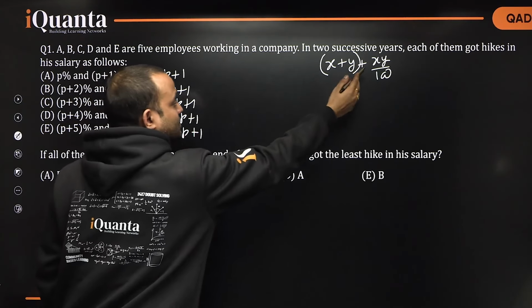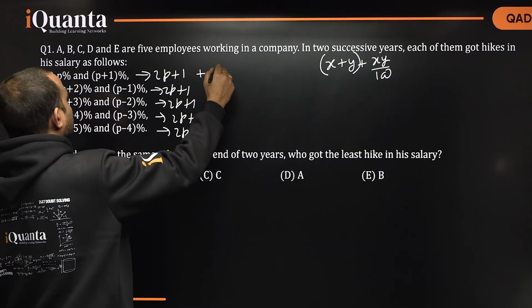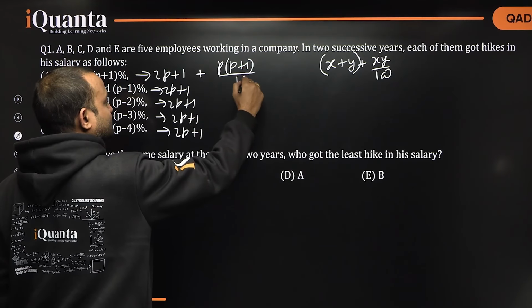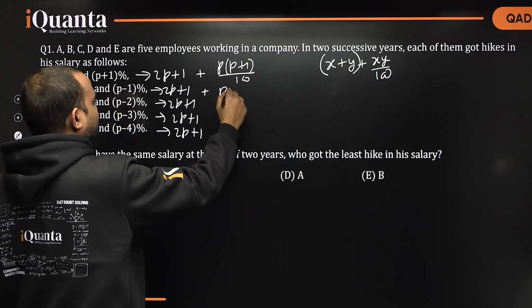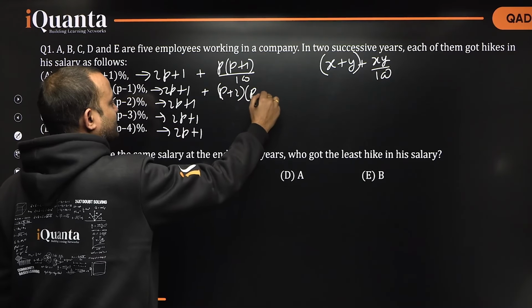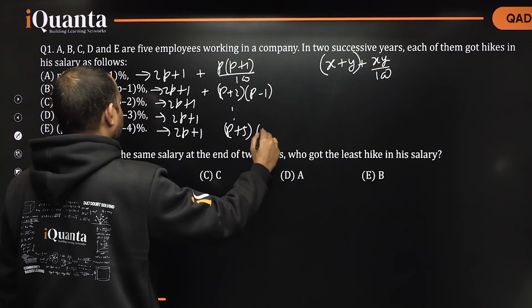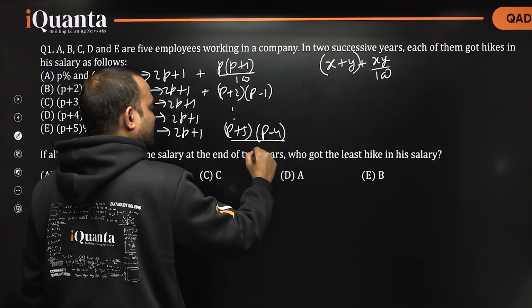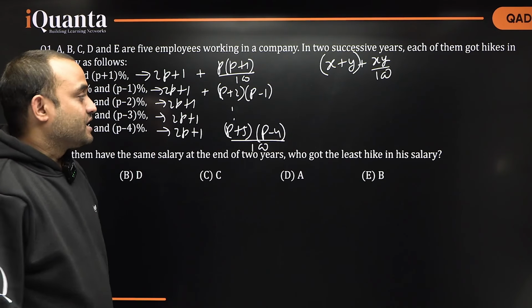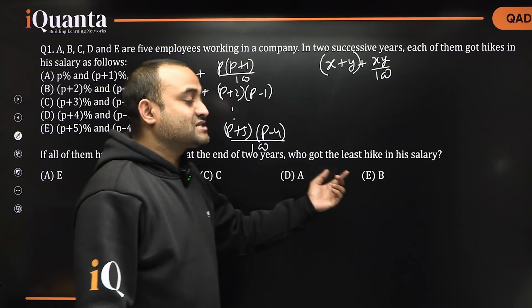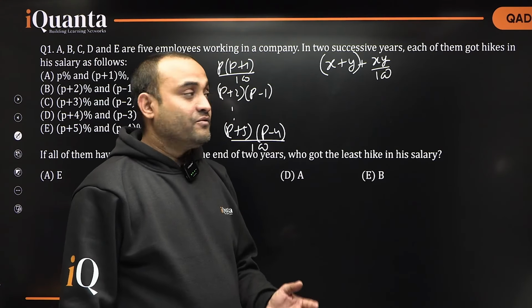The third one, the product, will be P into P plus 1 by 100, and in this case it will be P plus 2 into P minus 1 by 100 and so on. This will be P plus 5 and P minus 4 by 100, right? Now whichever has the least value will get the least hike in his salary, correct? Which of these is the least value?